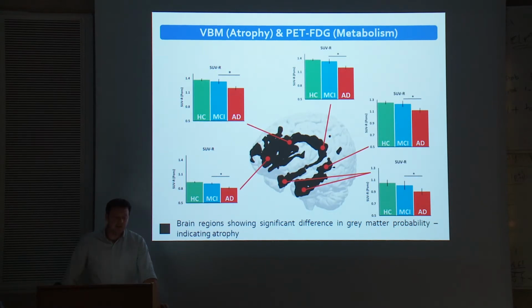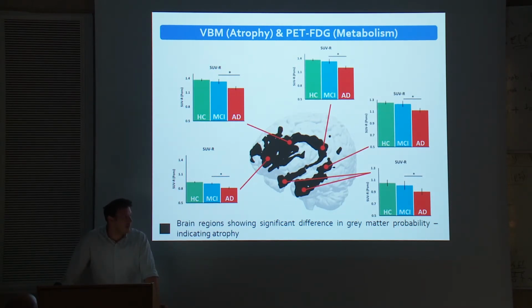That's the silhouette. The bar graphs represent the analysis of the PET-FDG, which is a measure of consumption of glucose, right? The logic being that the less a brain region is consuming, the less it is metabolically active.